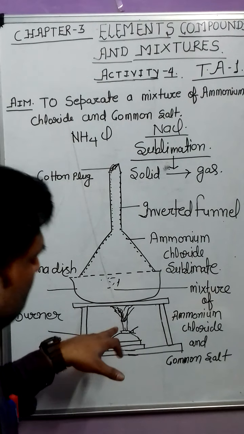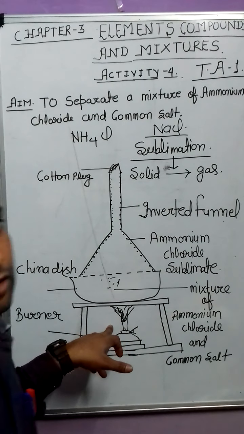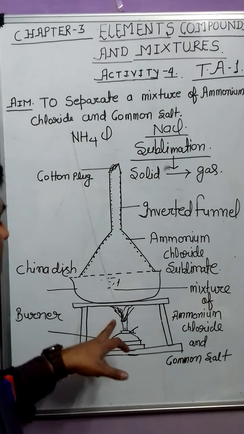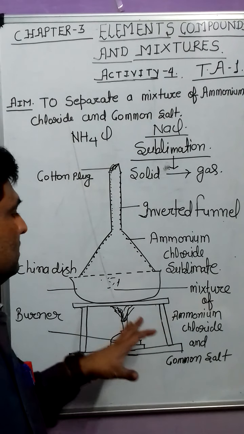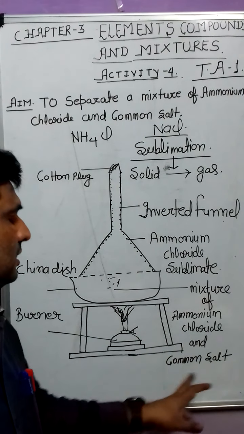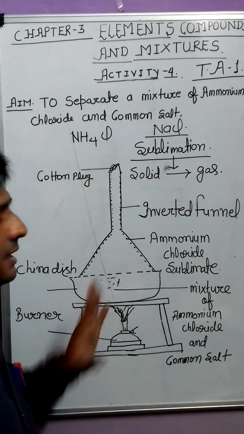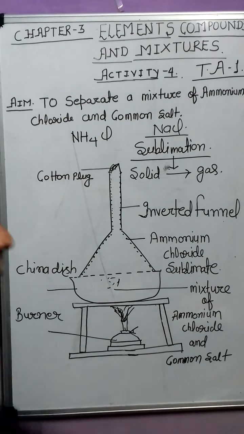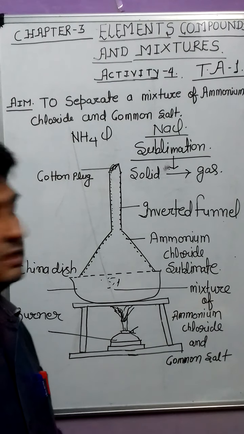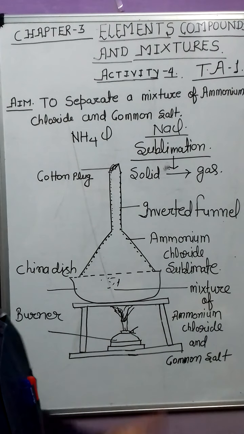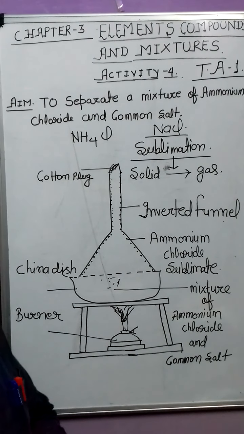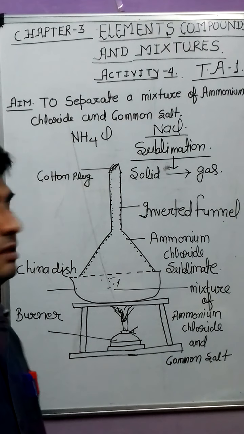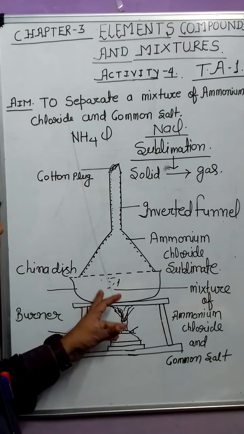Now we light the burner with a matchstick. When we heat the China dish, the ammonium chloride and common salt inside also get heated. After some time we see vapor forming.